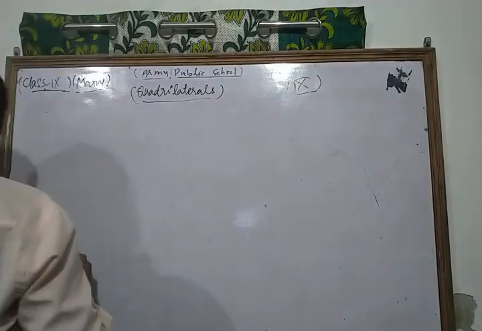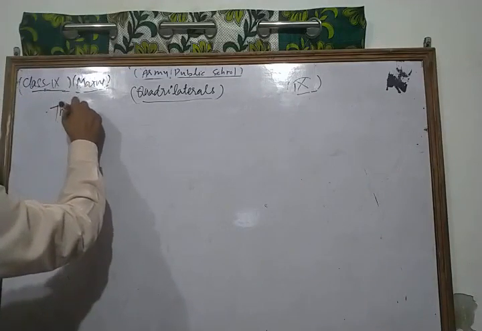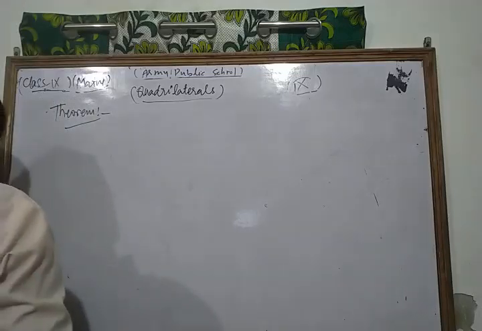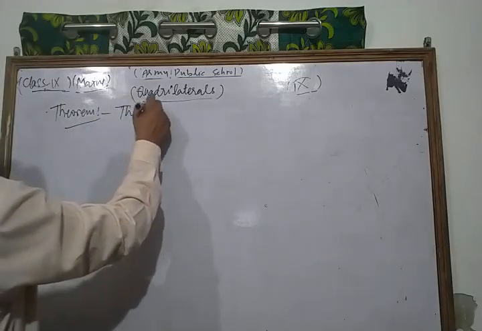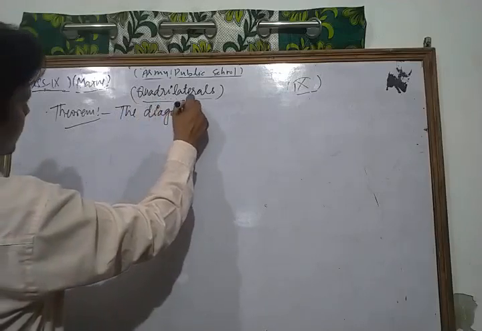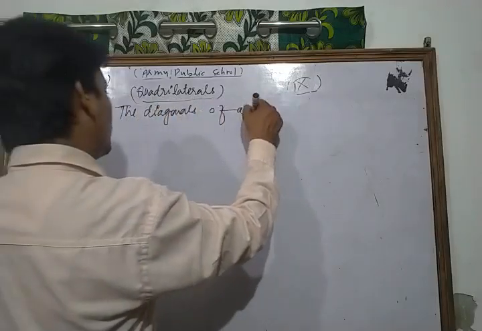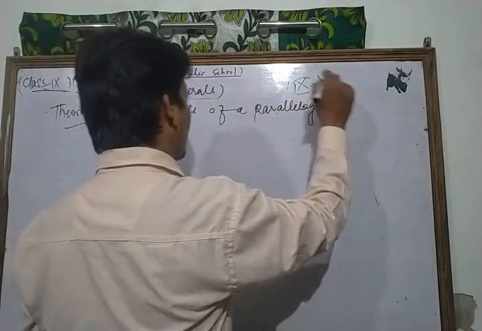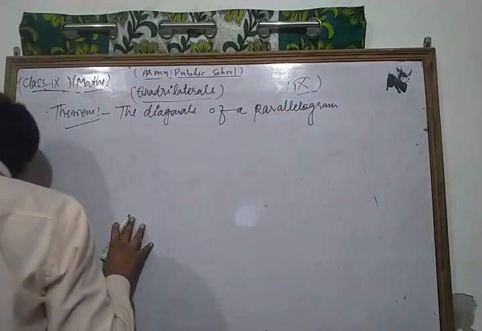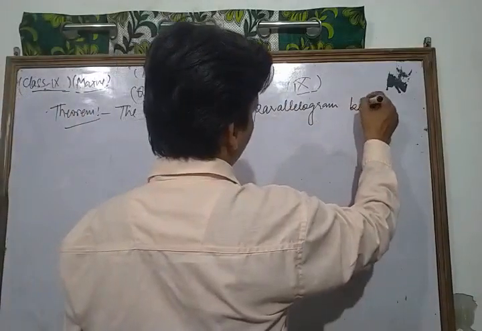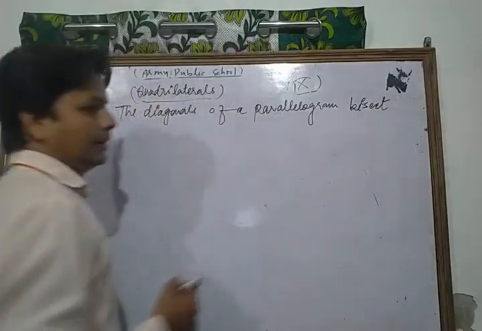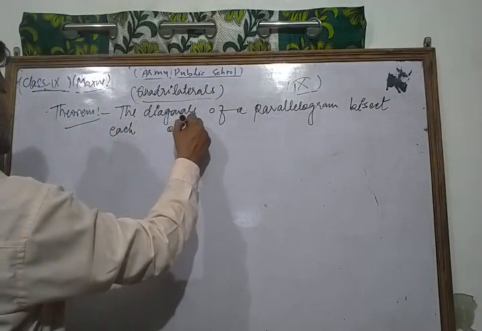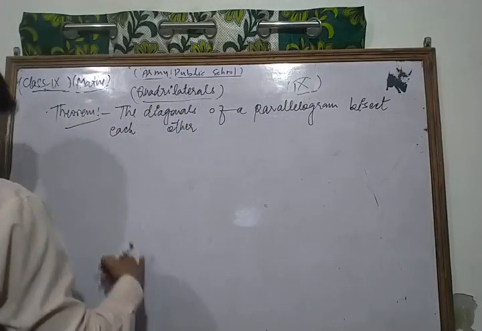The next theorem is very important. This is also a very important theorem of your NCERT book. The theorem is: the diagonals of a parallelogram bisect each other.